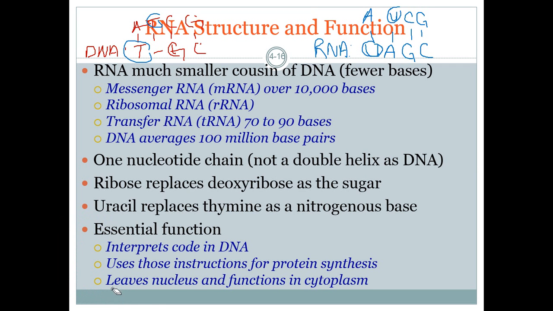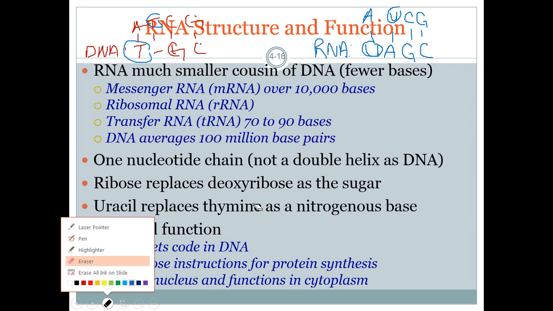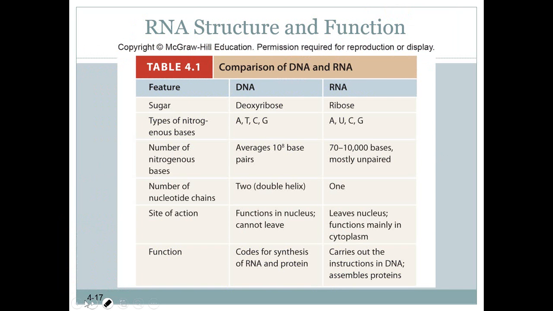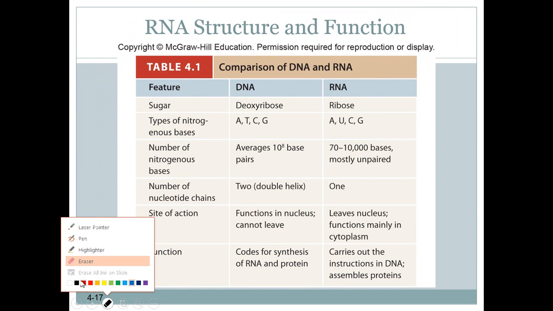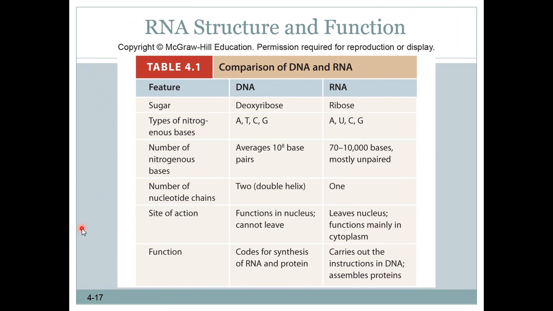So I'm going to switch to the other page. Okay, so in your textbook you should have a chart or a table on page 117, table 4.1, and it will give you the comparisons of our DNA and our RNA.